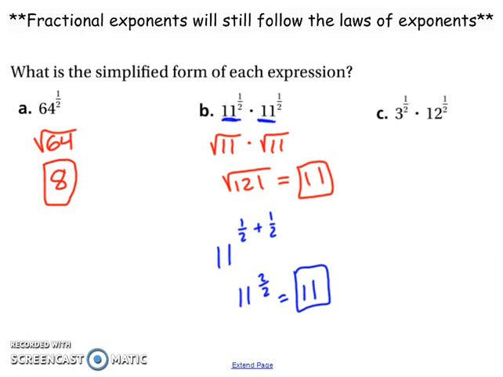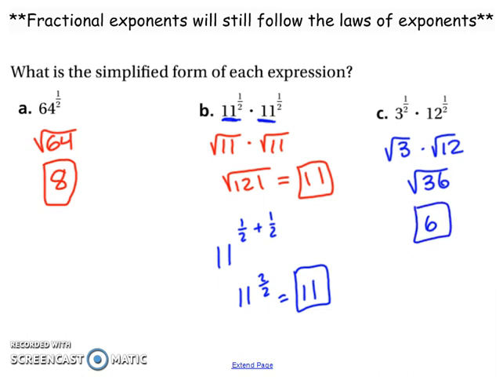Now with the next one, 3 to the 1/2 times 12 to the 1/2, we can rewrite them as square root of 3 times the square root of 12, multiply them, get the square root of 36, and end up with 6.